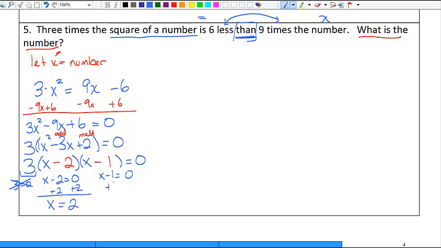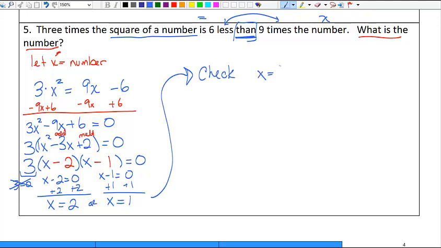So we have x equals 2 or x equals 1. Now, remember from the beginning, we said let x equal the number. We said we only need one number, but here I have 2, which means I might have 2 distinct answers that could solve the problem. So let's go ahead and check.